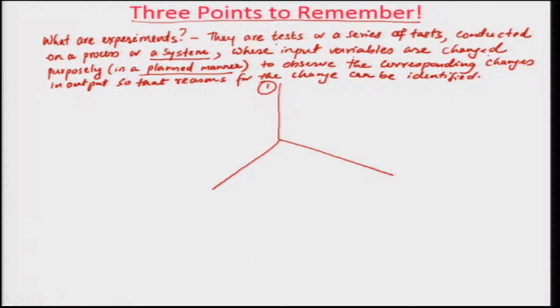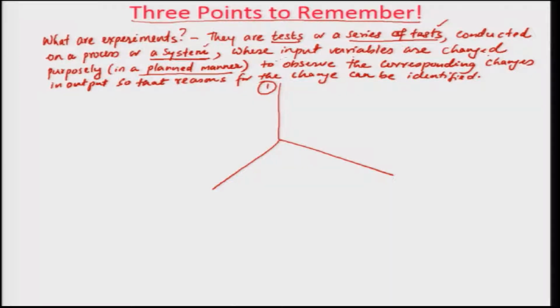Experiments are tests, or a series of tests. Mostly we focus on a series of tests, conducted on a process or a system. We are talking about the manufacturing system in this case, but you can do it on a bunch of unit manufacturing processes as well, not an issue.